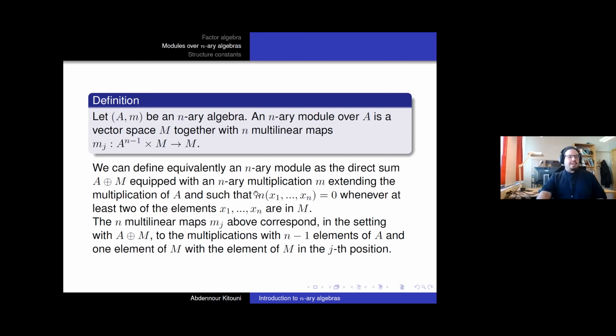So if I put the M element that I will act on at the last position or in the middle or the first position, the result will not be the same in general.